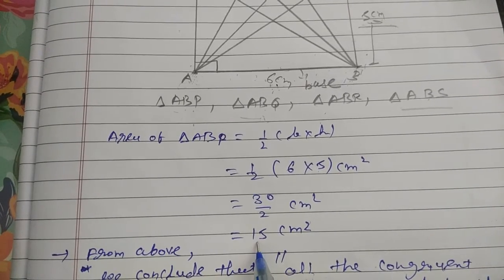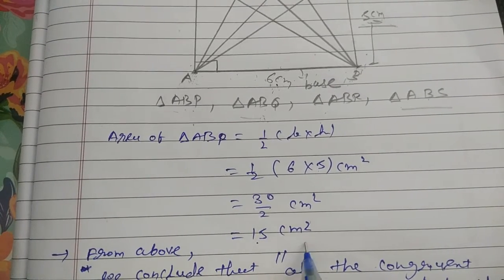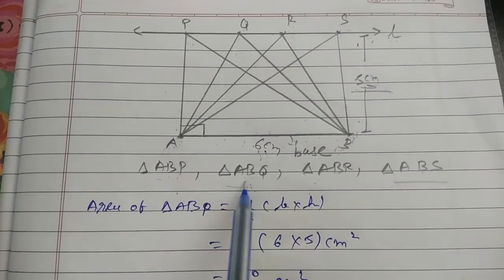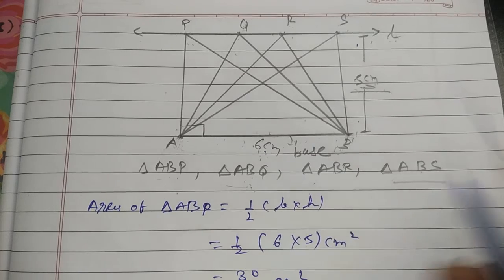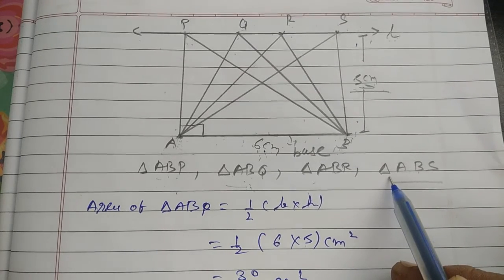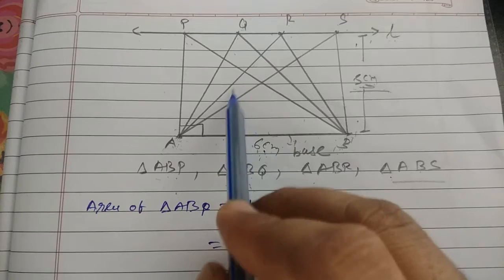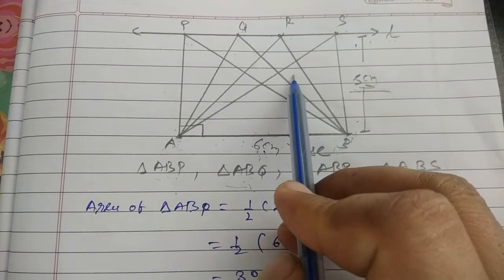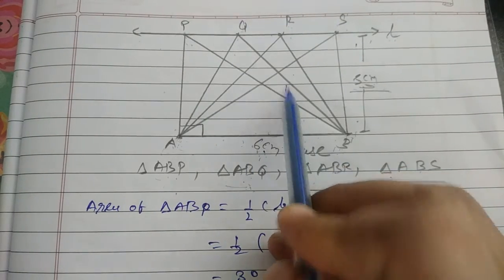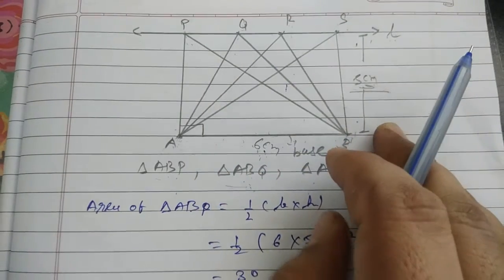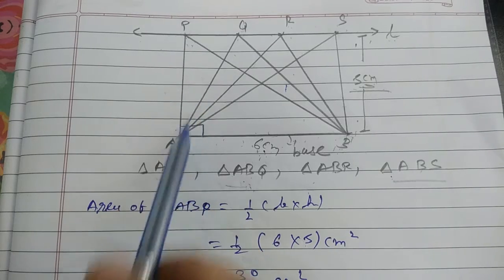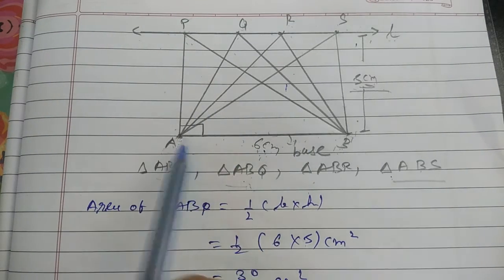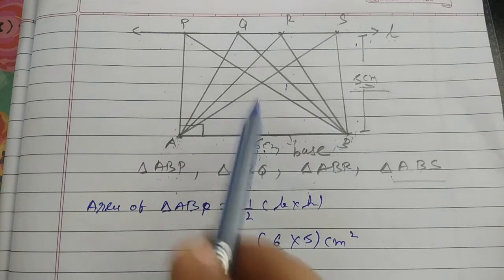So here we got the area of ABP as 15 centimeter square. Similarly, the area of ABQ is also 15 centimeter square, ABR 15 centimeter square and ABS 15 centimeter square. The areas are the same for all the triangles. But the question is, are these 4 triangles congruent? Of course not, as we can see that triangles ABP, ABQ, ABR and ABS are not congruent.